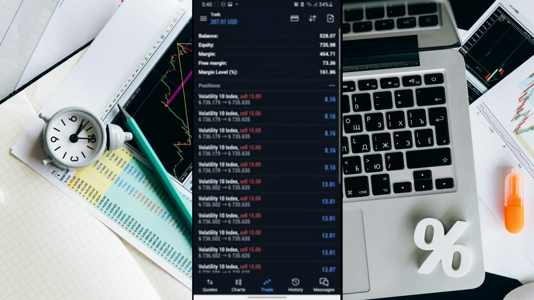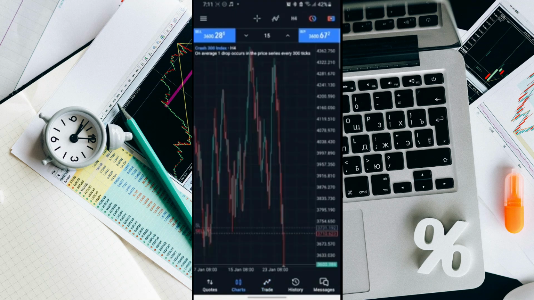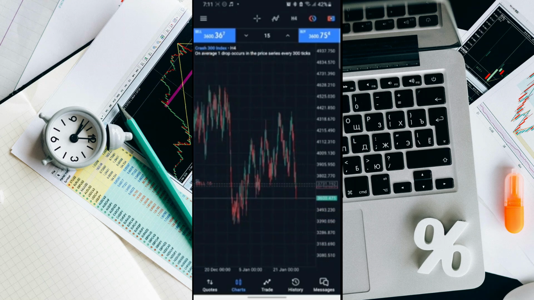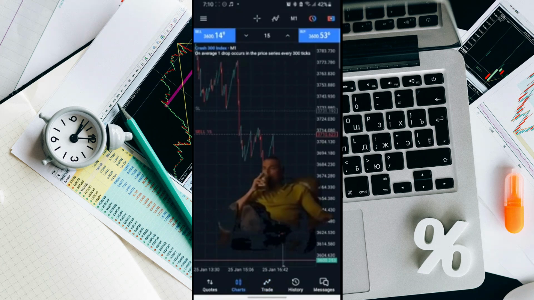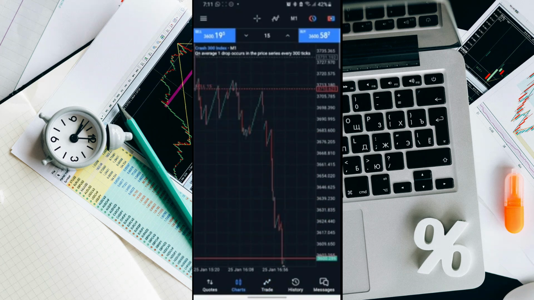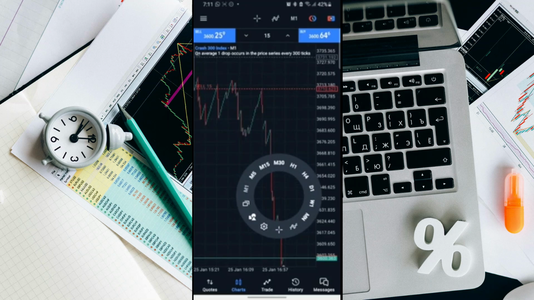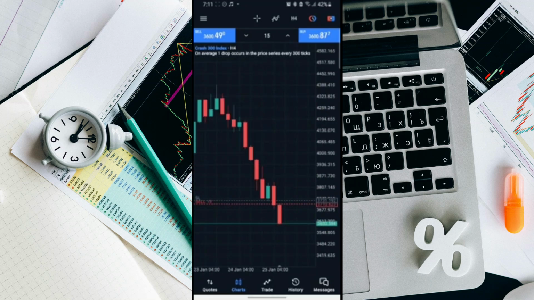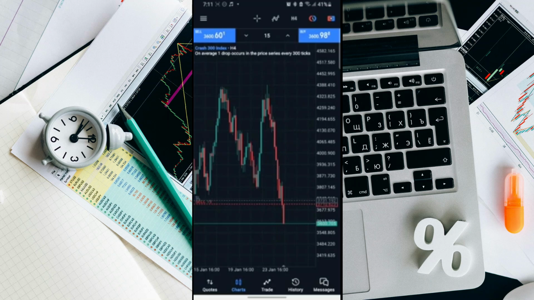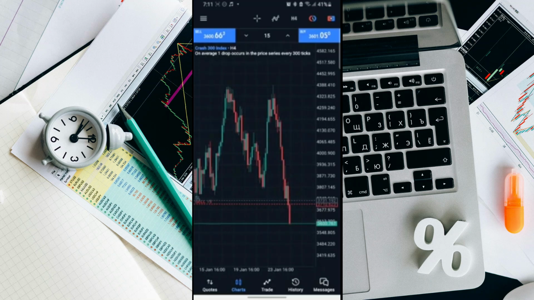So on this one, I analyzed the market, and first of all I identified something that looks like a double top at the top, and then the next thing that I considered was a rising wedge that was formed, and this one is a perfect one because this rising wedge ended from the upside.